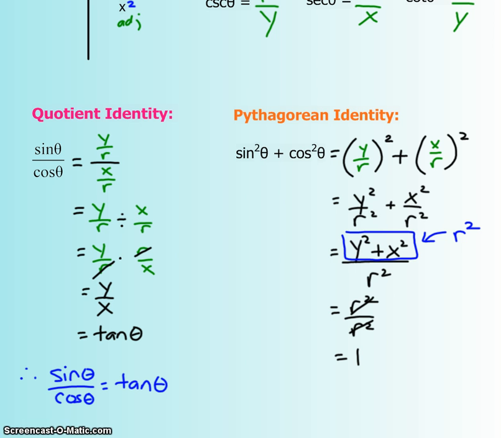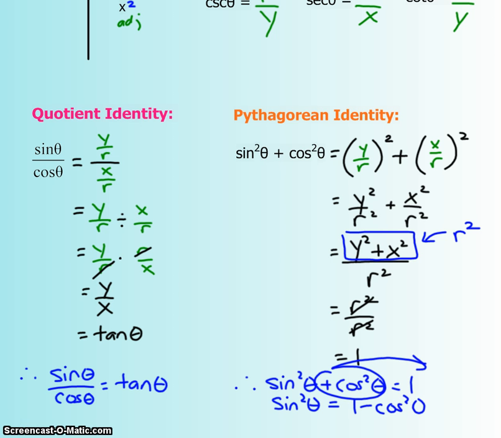This identity, the Pythagorean identity, is sine squared theta plus cos squared theta is equal to 1. Now what you could do is always manipulate this identity a little bit. In other words, I could write sine squared theta equals, and then bring this over to the other side, 1 minus cos squared theta.